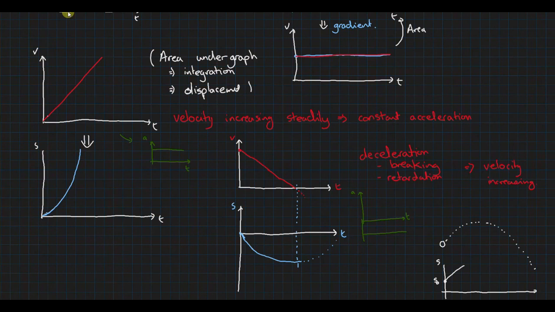As time goes along, the displacement gets higher, but slower, and then starts coming back down. So this is a basketball accelerating under gravity.